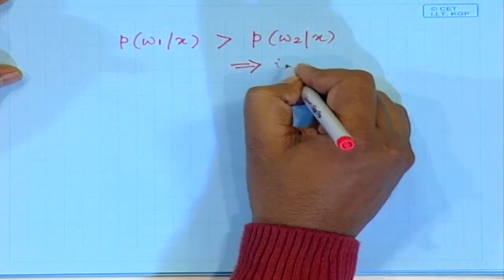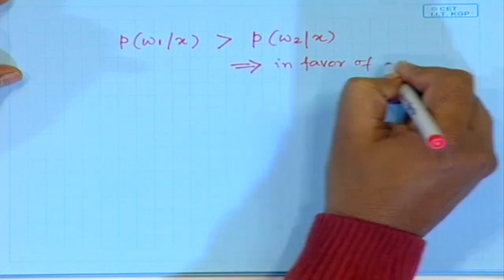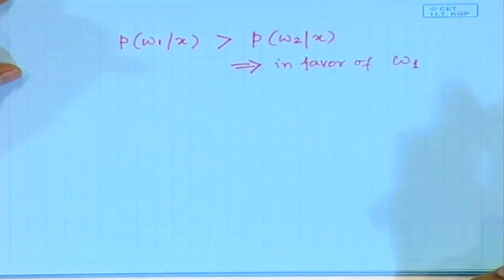That means we decide that the object having this observation x belongs to class omega 1. If it is otherwise, that is p of omega 2 given x is greater than p of omega 1 given x, then we decide that the object belongs to class omega 2.